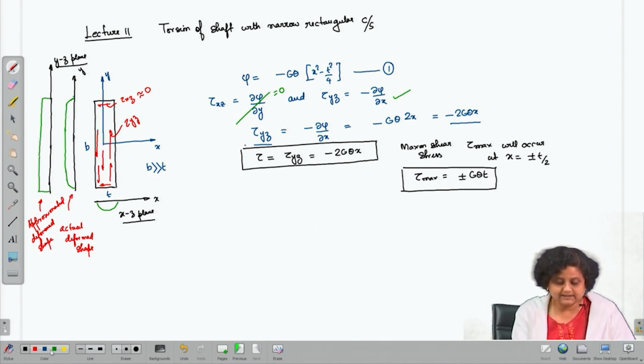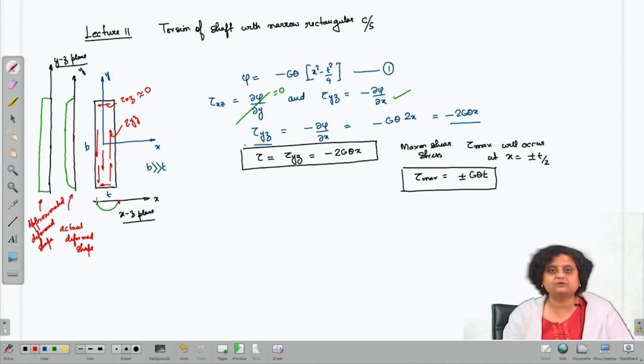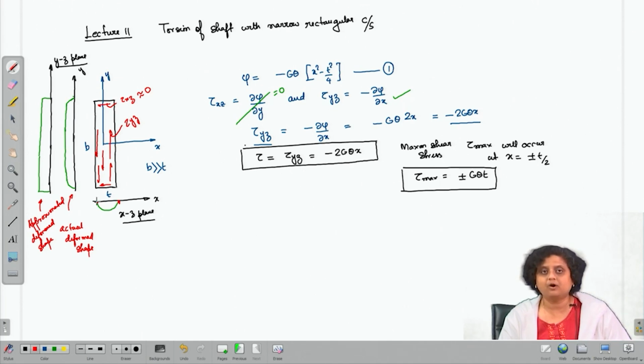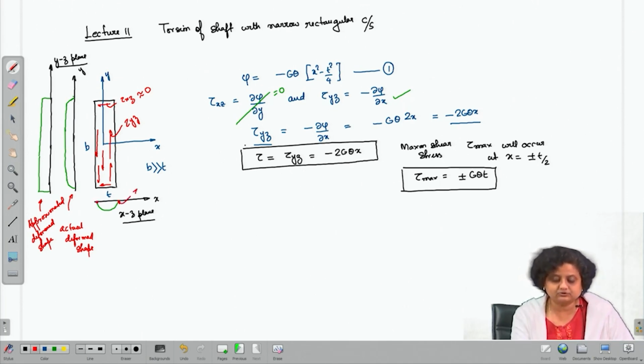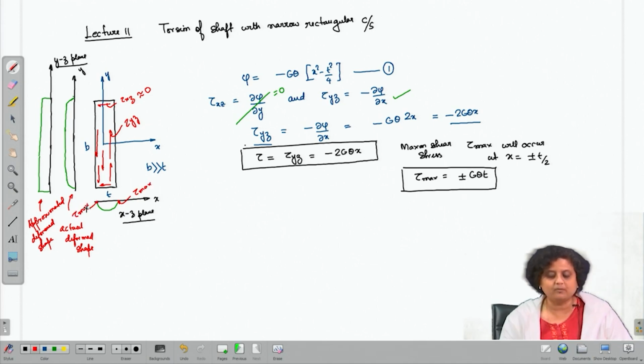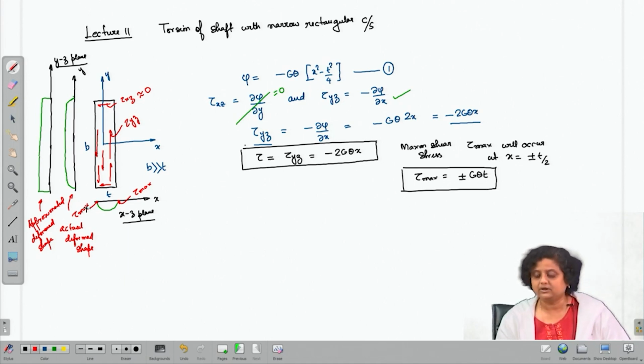So, we can see from the deformed shape that at these two points there will be the maximum slope of the deformed membrane. Therefore, the maximum stresses will act at these two points which have the maximum slope using membrane analogy. That is also corroborated from this expression.